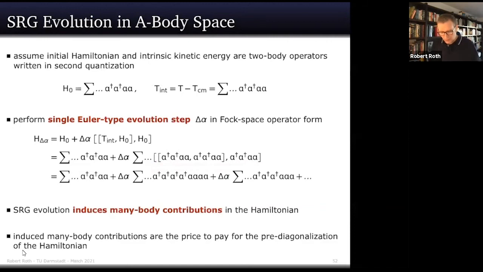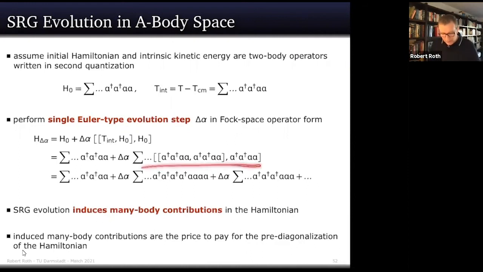Now, there's one thing about commutators. If you work out this, you might think, okay, it's a product of this operator and the other direction. You might be tempted to think that if this is a two-body operator and this, that the commutator as a whole is a four-body operator. It's not, it's just a three-body operator because the commutator reduces the operator rank by one, but that doesn't matter.